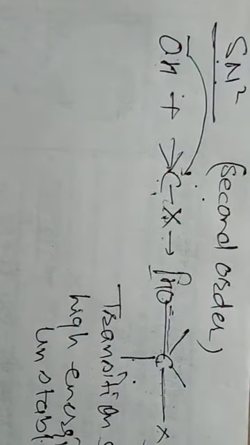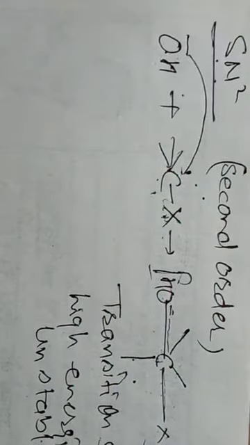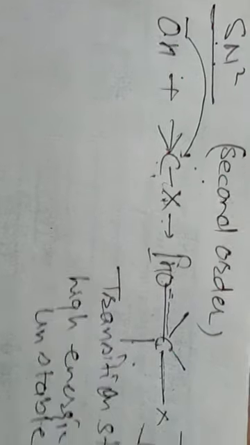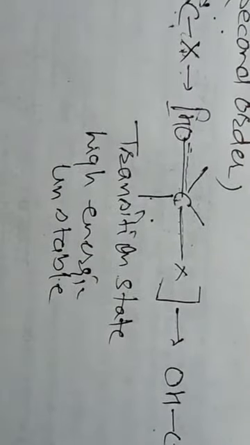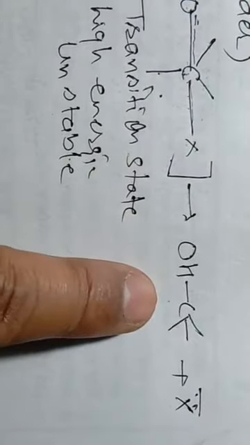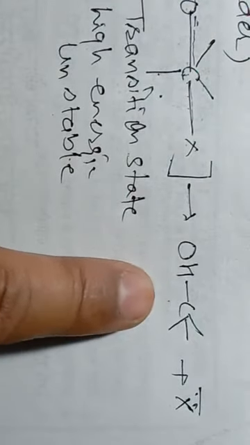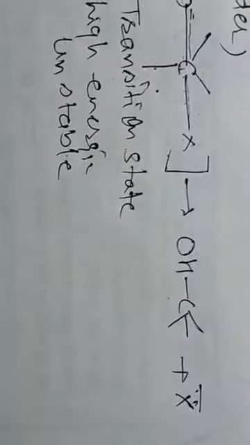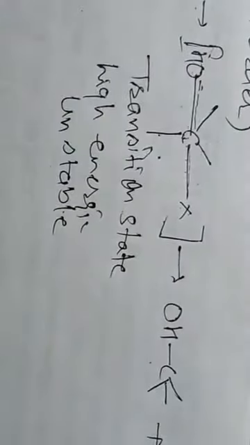In the SN1 reaction both retention and inversion take place, 50-50%, but here only inversion takes place, retention is not here. So no racemic mixture will form in the SN2 mechanism.